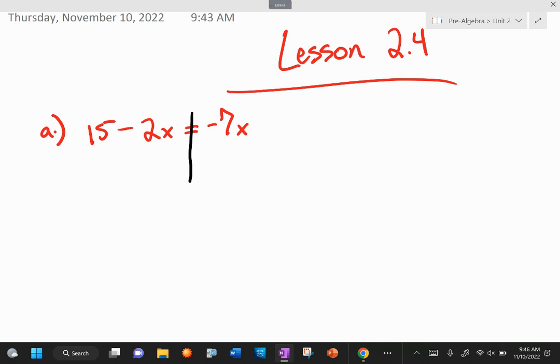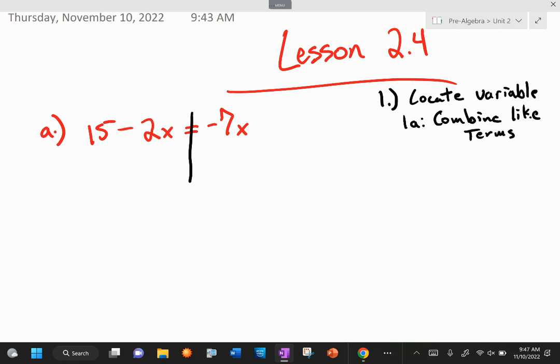Now, before we get to that second step, on these problems we have to put a little step in. If step one is locate the variable, we're going to say step 1A is combine like terms.